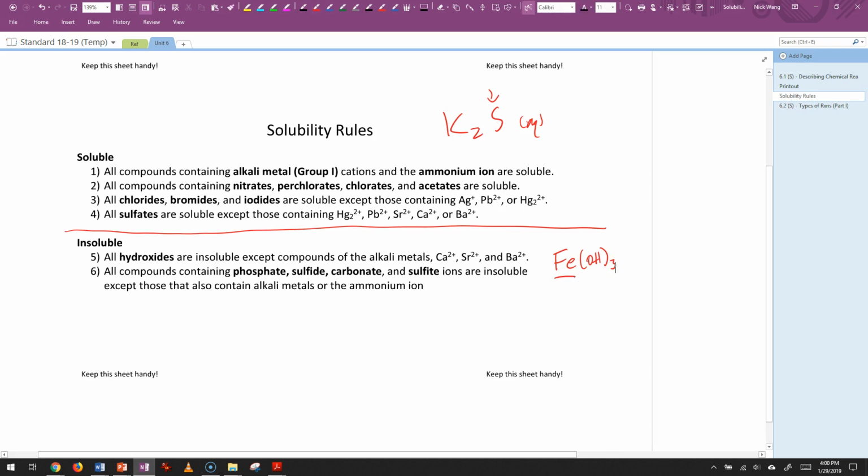Iron itself doesn't really have any specific rule, but the hydroxide part does, right? So the OH part does. So hydroxides are considered insoluble except those that contain certain exceptions. So in this case, the Fe is not any of these exceptions that are listed here. So this would be considered insoluble, right? All hydroxides are insoluble. So in this case, I'd write a little S next to it if I were looking for this.